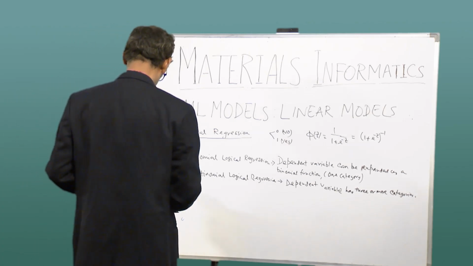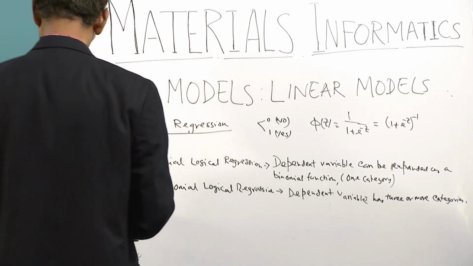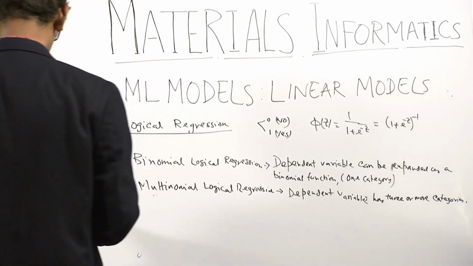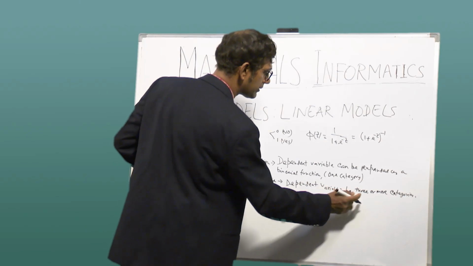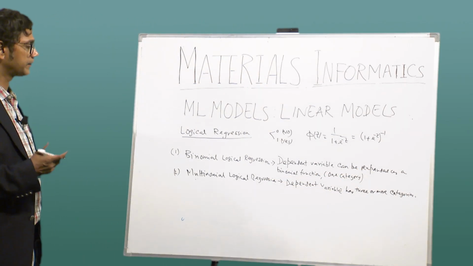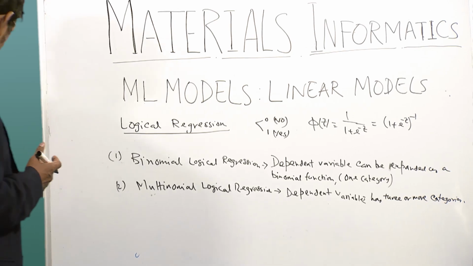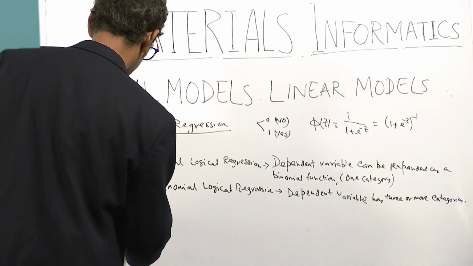For example, you want to classify animals into categories like cat, dog or sheep. It extends binary logistic regression to handle multiple classes. I gave the example: if you have 3 different animals, dog, cat and sheep, you can use multinomial logistic regression.